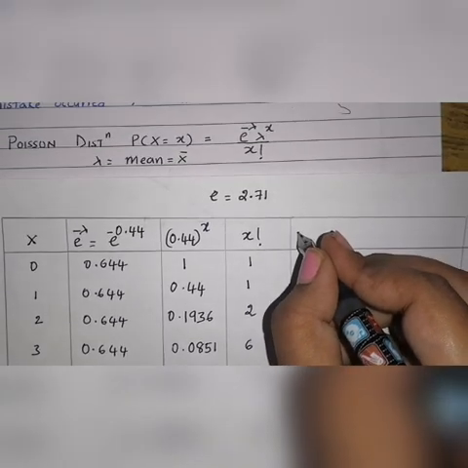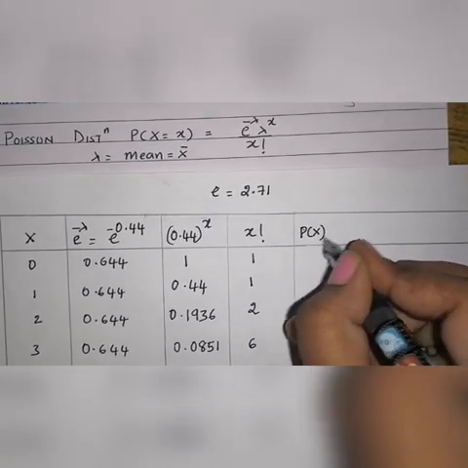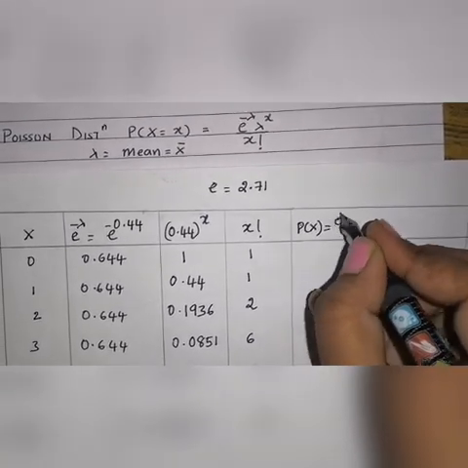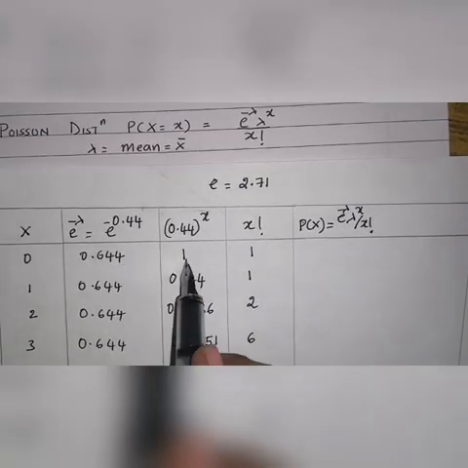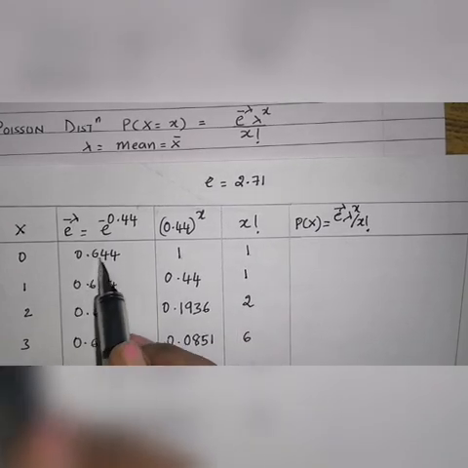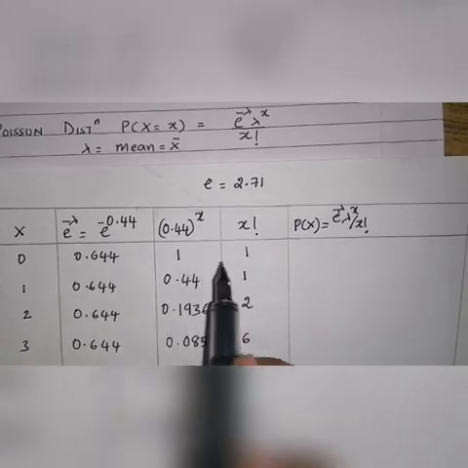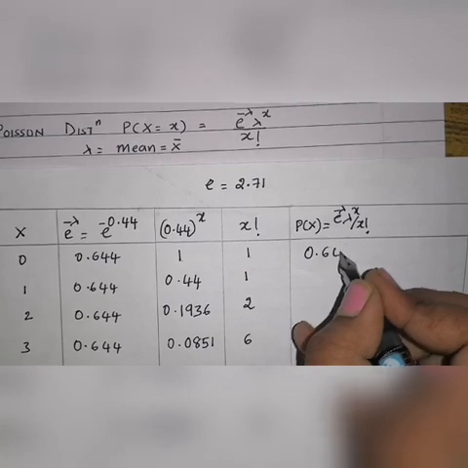Now we are supposed to calculate p of x. P of x is e power minus lambda, lambda power x by x factorial. So this into this by this. So 0.644 into 1 by 1 is 0.644.